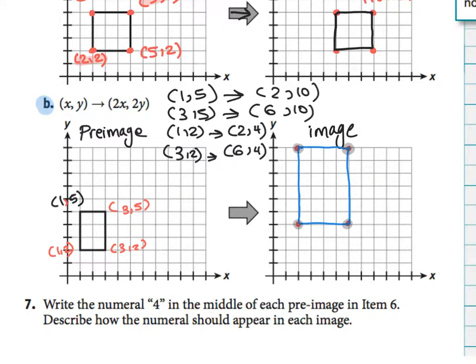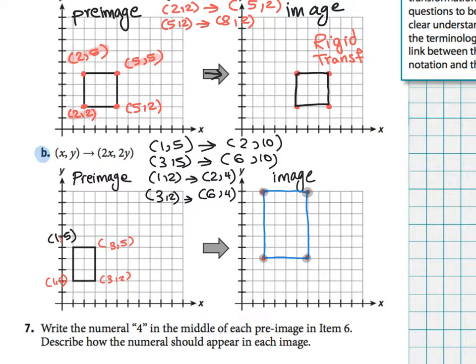It's going to look stretched. It's going to look bigger. Now, if I multiply by a number that's less than 1, for example, 1 over 2, it means you are basically compressing the figure. It's going to look smaller. So in this case, 6b, this was a non-rigid transformation.